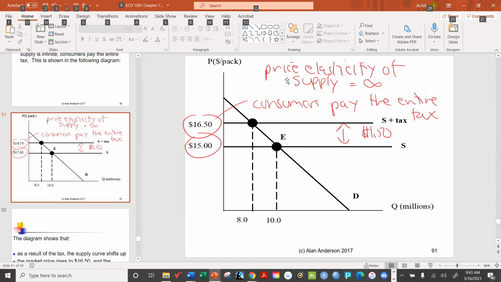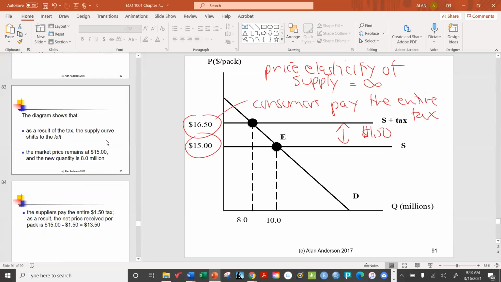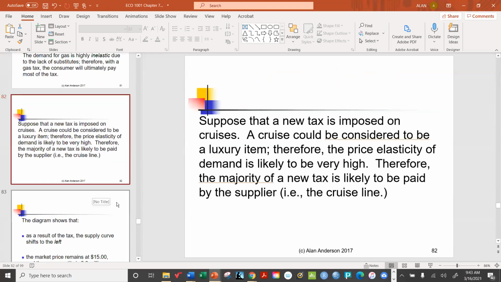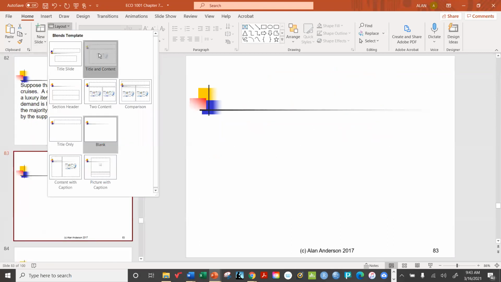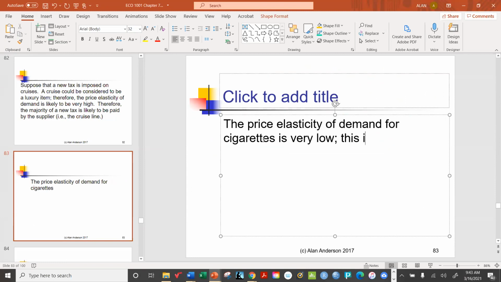And of course, this also explains, let me go back here for a second, one more good example: the elasticity of demand for cigarettes is very low, as you can imagine. This is why the government imposes such large taxes on them.